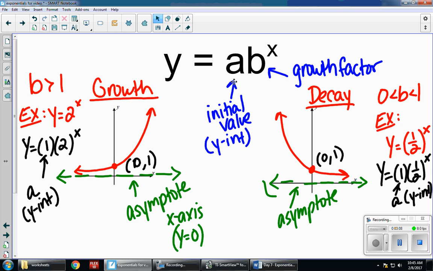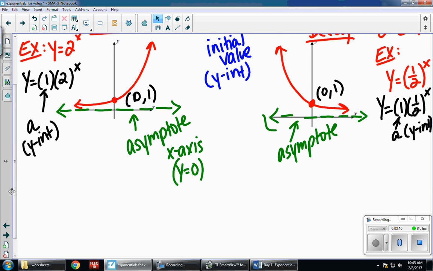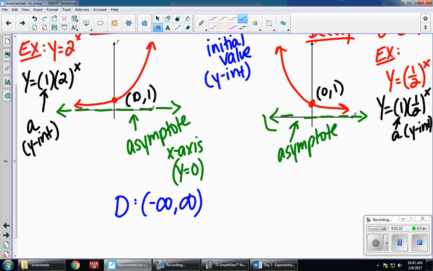So just quickly want to talk to you about domain and range for each of these functions. So for domain, which is our x values, it's how far left and how far right we go. So this is all real numbers because my arrows are pointing all the way to the right and all the way to the left in both of these graphs.